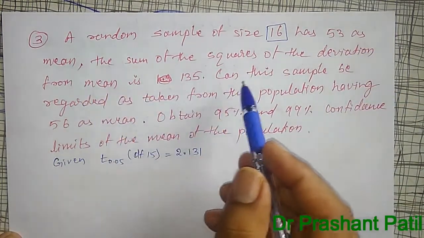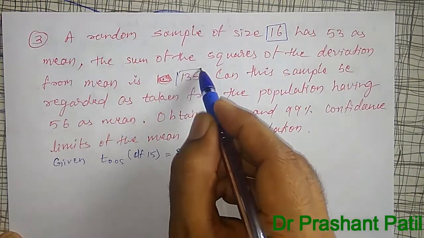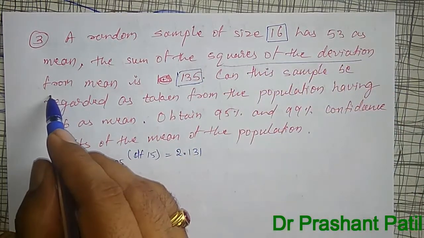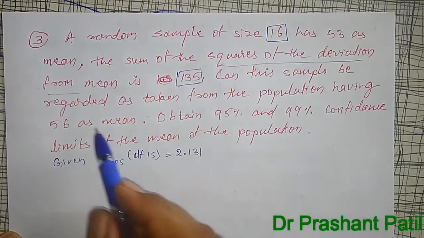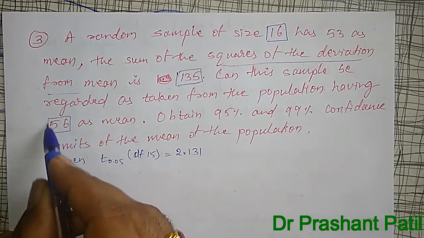The sum of the squares of the deviation from the mean is 135. That is, the sum of the squares of the deviation. Can this sample be regarded as taken from the population having mean equal to 56?